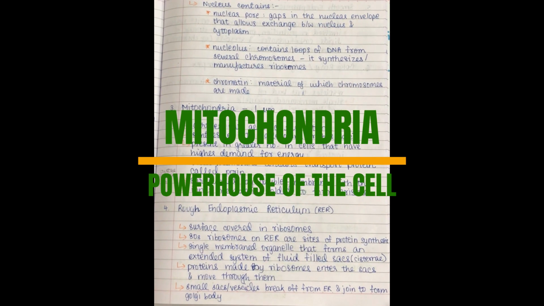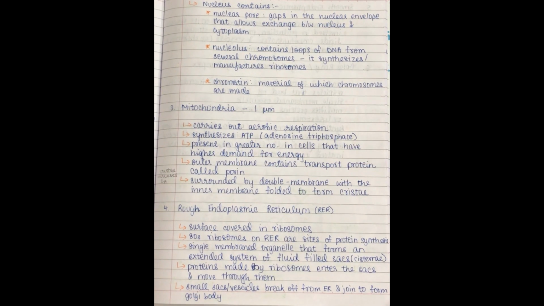The mitochondrion is the powerhouse of the cell. Its function is to carry out aerobic respiration, and it also synthesizes ATP. The full form of ATP is adenosine triphosphate. You must note that mitochondria are visible with a light microscope. Since mitochondria are the powerhouse of the cell, they're present in greater numbers in cells that require more energy.